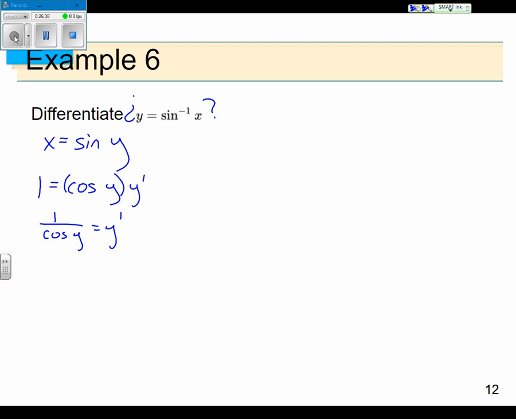Well, that's good and all, but they started me off so good right here with a nice explicit function. So I'm wanting to give them an explicit function back for the derivative of sine inverse of x. So what to do with this? Well, I'd really like to get rid of the cosine y.